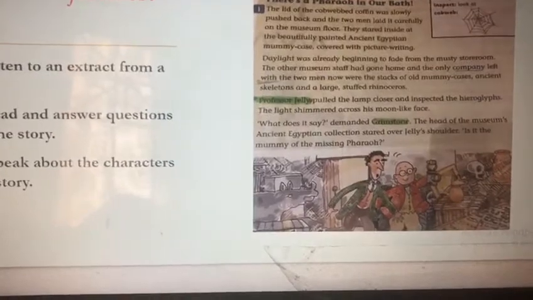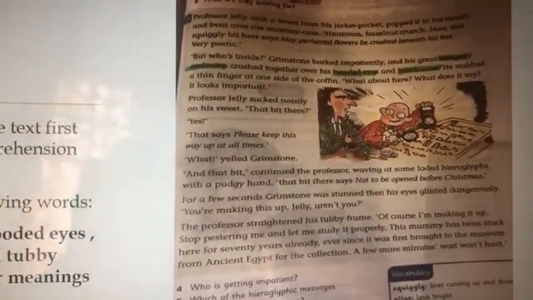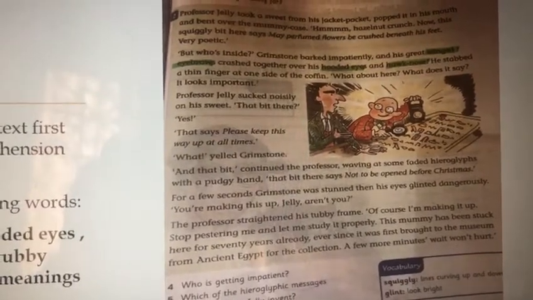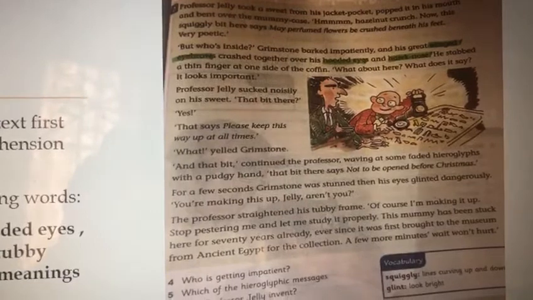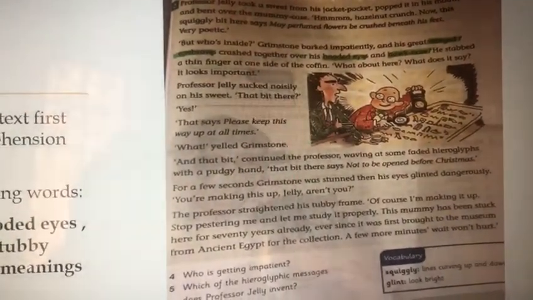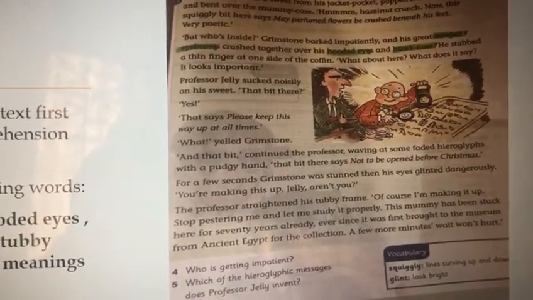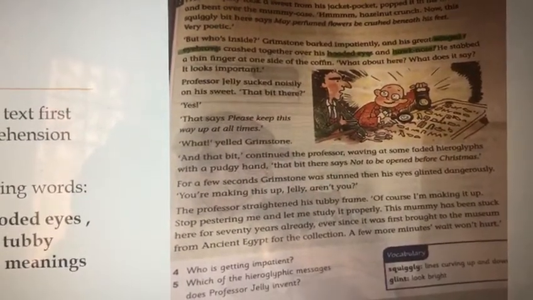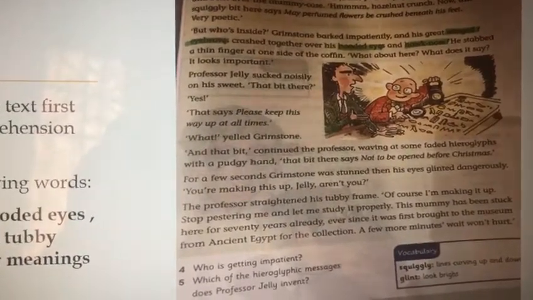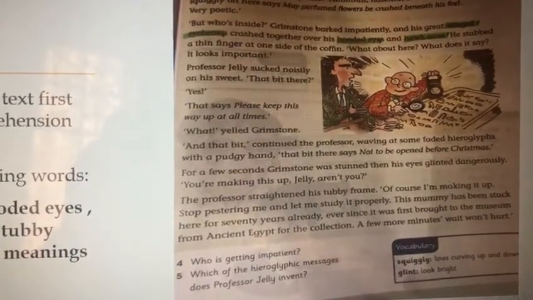Okay, move to part 2, paragraph 2. But who's inside? Grimston barked impatiently. So, Grimston has winged eyebrows and hooded eyes and a hook nose. These are his characteristics or his appearance features. And what about Professor Jelly?